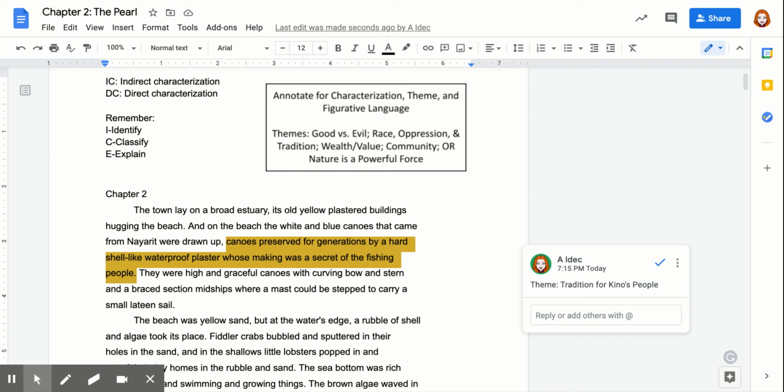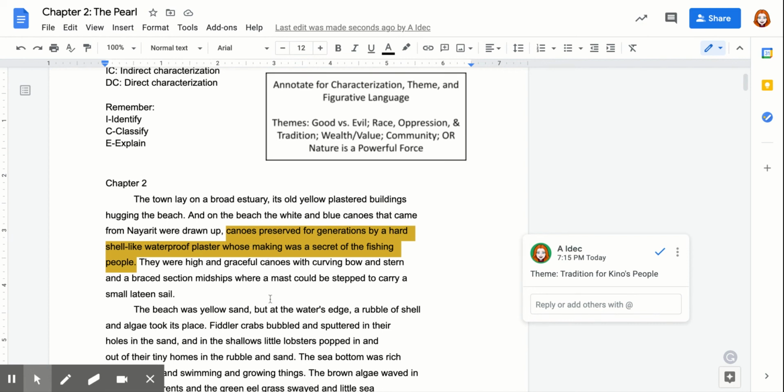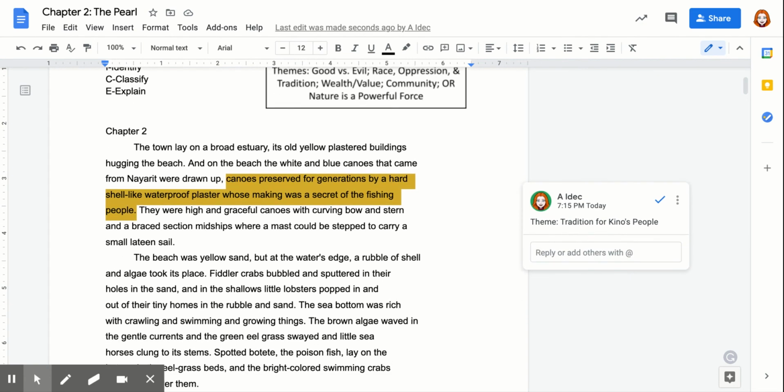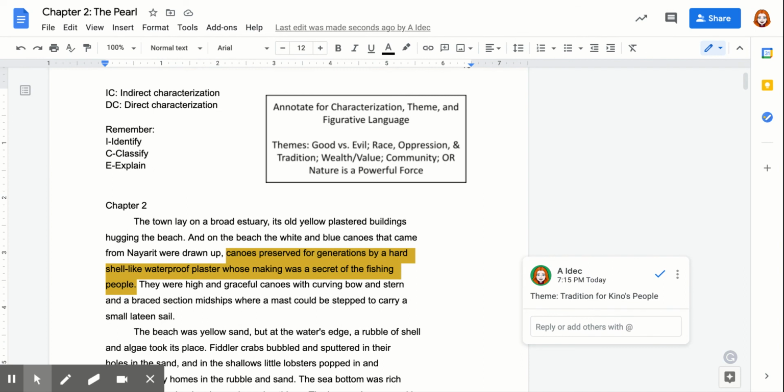This chapter, especially these first two paragraphs, have a lot of imagery and figurative language. So go through and pick out some of that figurative language. This will obviously help with the figurative language aspect of your notes for chapter 2 in your reader's journal.